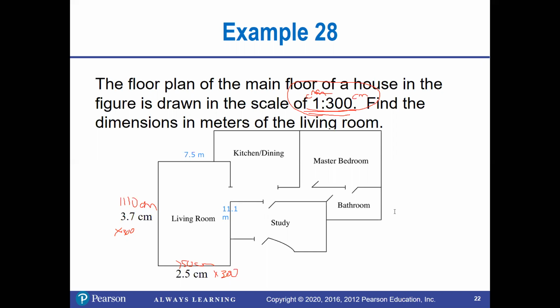And there are your dimensions in meters in your living room. Now, how would I write that? Well, we'd write 7.5 meters by 11.1 meters. And that would be your dimensions to that problem.